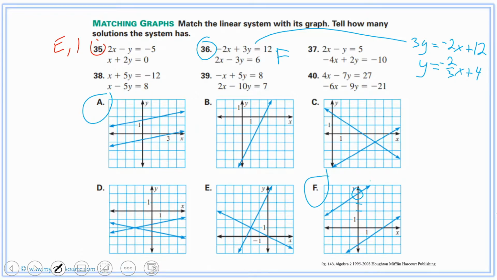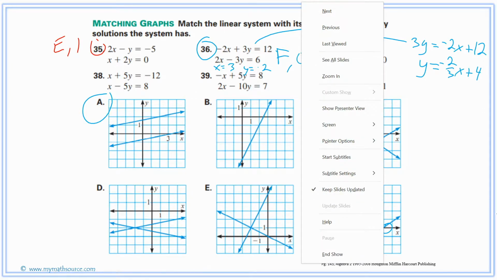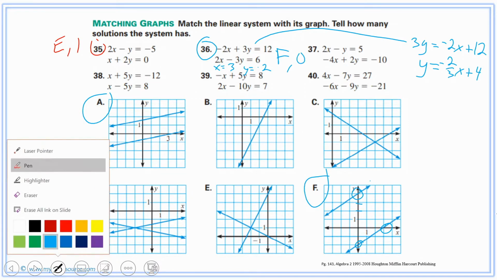But just to be on the safe side, I'll do x and y intercepts for this one. If we have 2x equals 6, then x must be equal to 3, and y equals negative 2. Do you see that? x is at 3, y is at negative 2. So we know for certain that F is the answer, and it has no solutions. Zero solutions, or no solutions, would be the answer for that one.